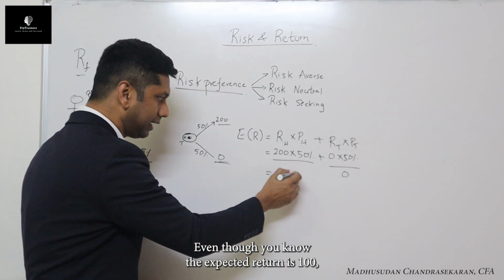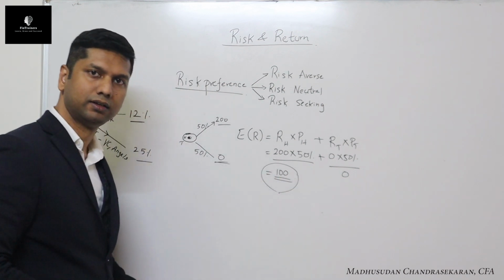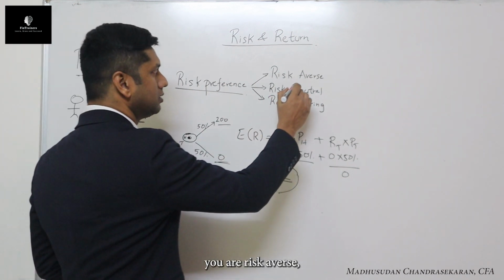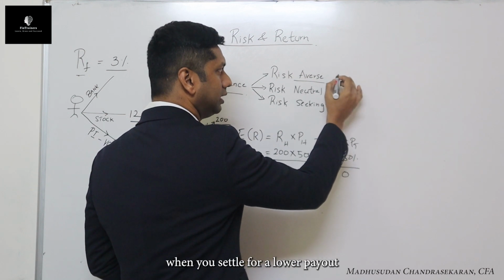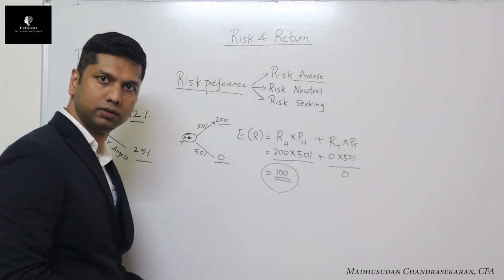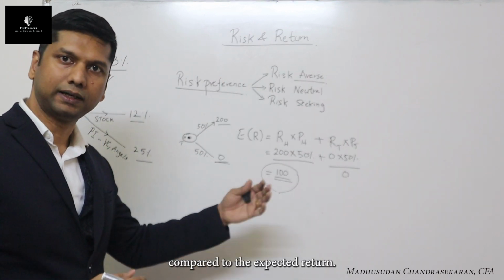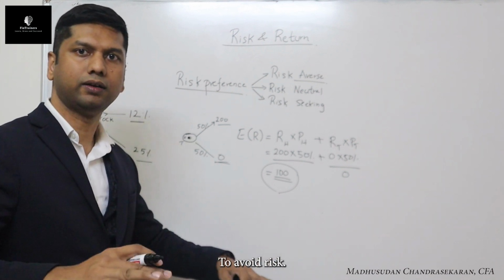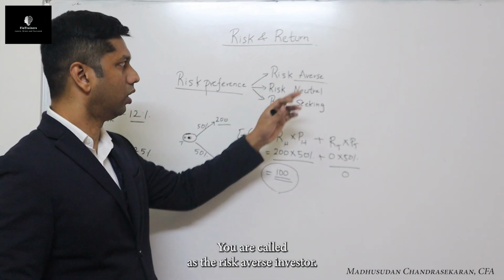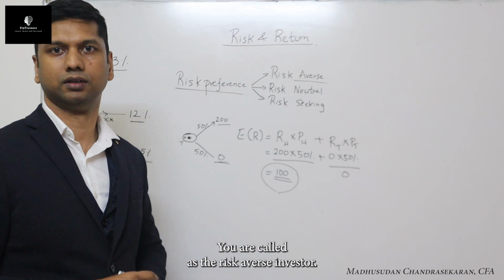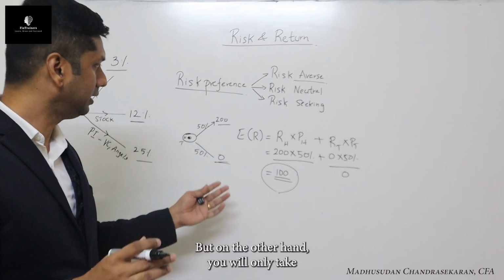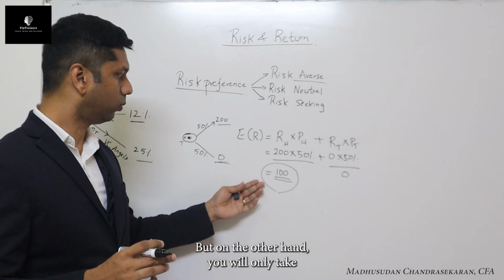Even though you know the expected return is 100, you are risk averse. When you settle for a lower payout compared to the expected return to avoid risk, you are called a risk averse investor.